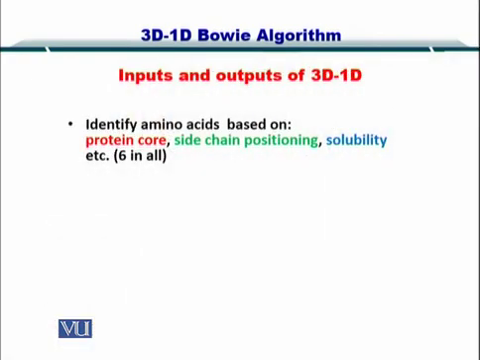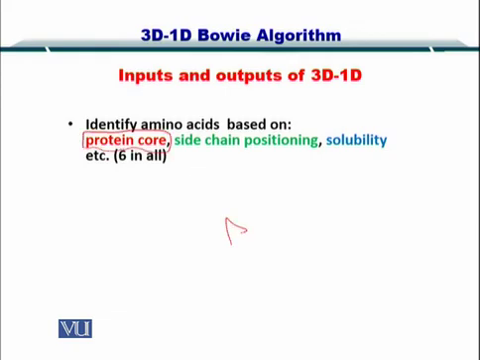So towards the 3D-1D algorithm, the inputs and outputs are as follows. The first thing that you need to do is identify the amino acids that are there in the protein core.